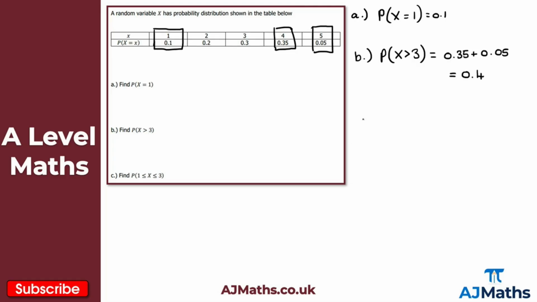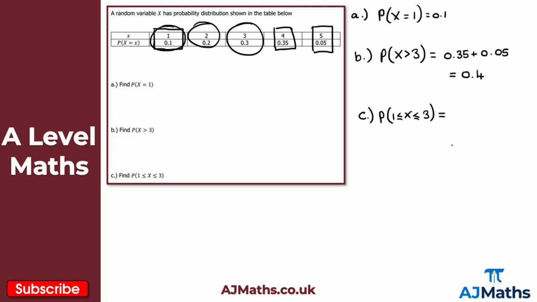And then finally, the last part here, part C, we have to find the probability of our random variable x here being between 1 and 3 inclusive. Okay, so again, just using our probability distribution given in this table. Well, between 1 and 3 inclusive, that would be this one here, and this one here.